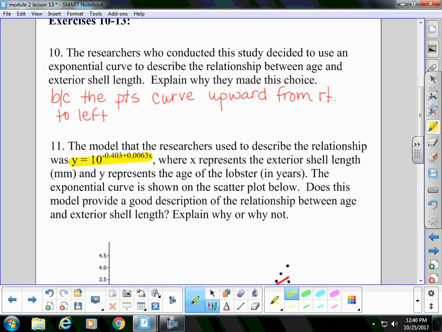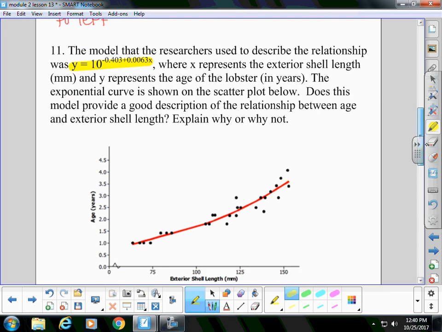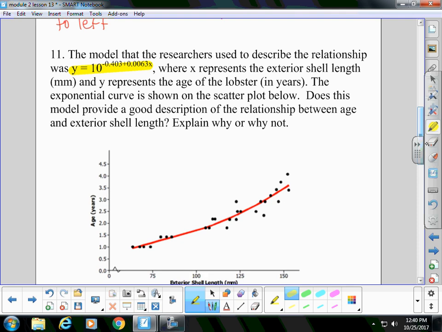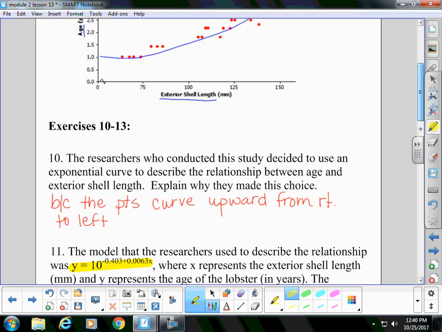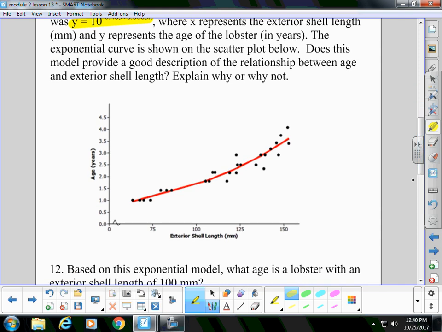The curve is shown on the scatter plot below. Does this model provide a good description of the relationship between age and exterior shell length, why or why not? So there's the graph. It's kind of how I drew it. And I would say yes, it does, because the curve is going through the center of the points.